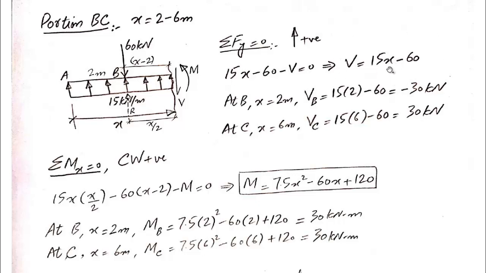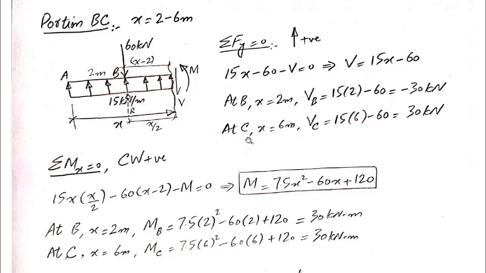X is present in the equation, which indicates that shear force is varying along the length of the portion. So we will plug in the values of x for the two extreme points of this portion, and then we will get the value of shear force for these 2 points. So at B, x is equal to 2 meters, and we'll put it in the equation of shear, and we'll get the value of shear V_B for point B, and it comes out to be minus 30 kilonewton.